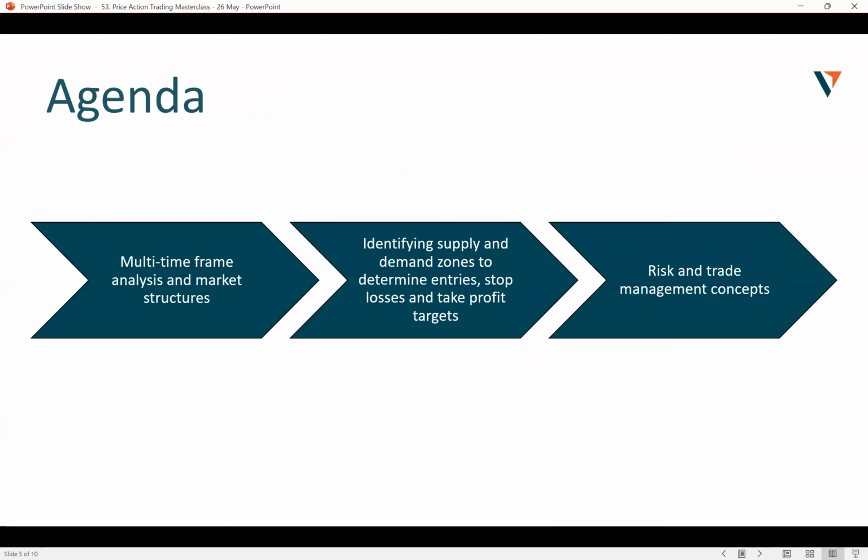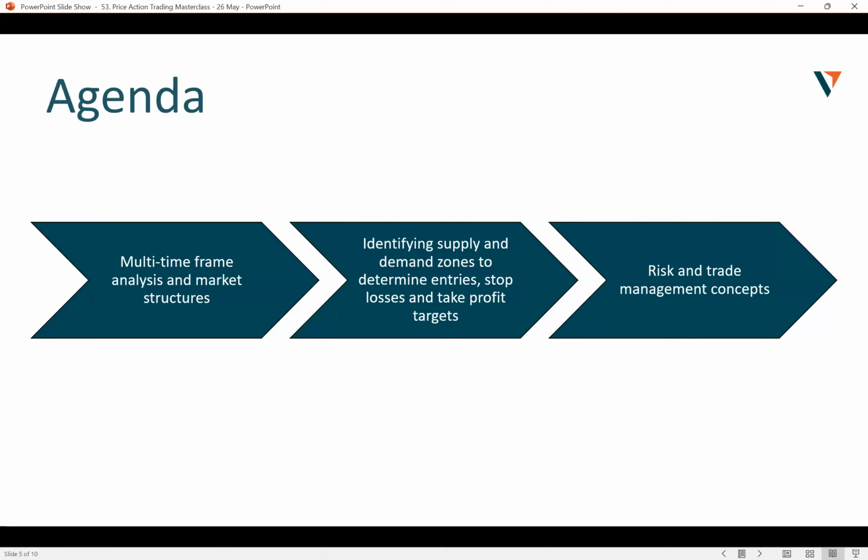So this is the agenda that we will be covering for today. I will first explain a bit more on market structures, right? So what constitutes bullish, bearish market structures or even ranging markets, how we can actually apply them across different time frames to put together an analysis, right?